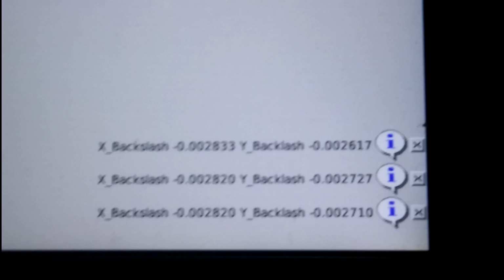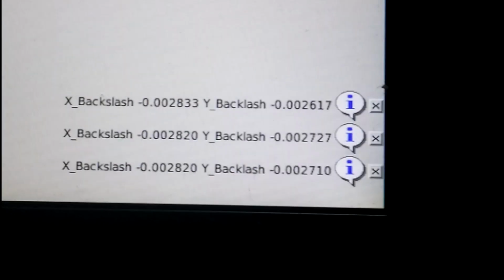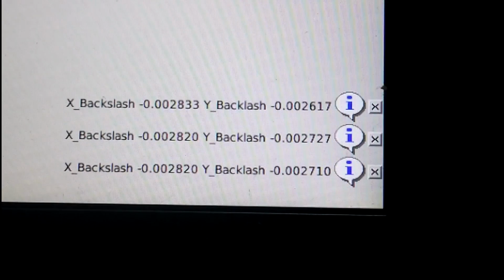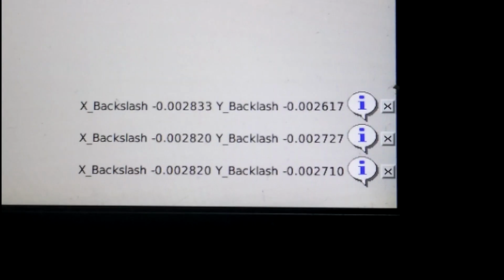And so if we look at this, those are the backlash numbers. You see they don't change much from run to run. So it looks like X is about 2.8 and Y is 2.7.